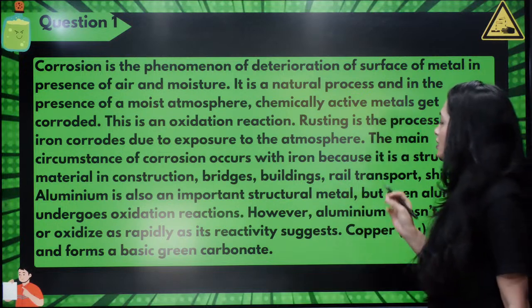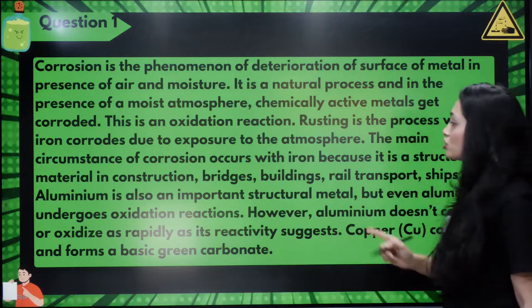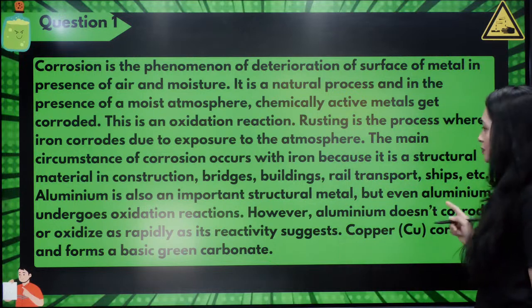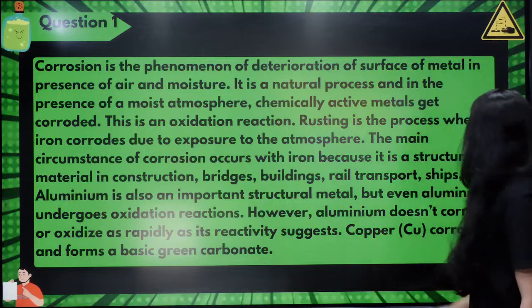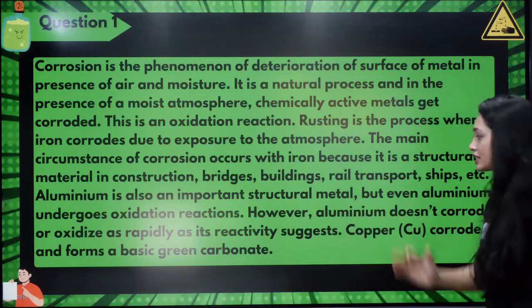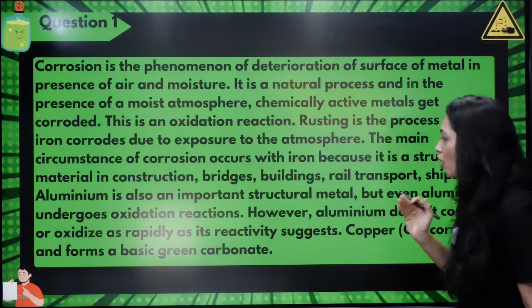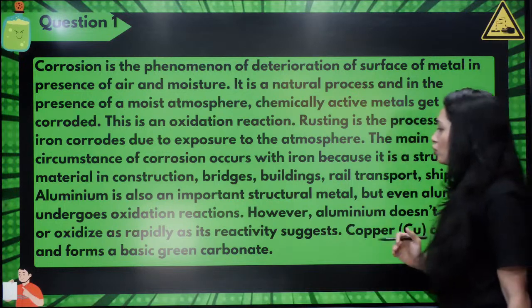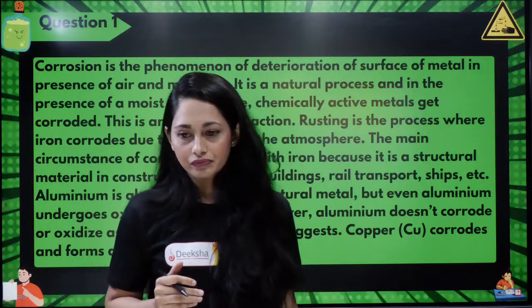The main occurrence of corrosion is with iron because it is a structural material in construction, bridges, buildings, rail transport, ships, etc. Aluminium is also an important structural metal, but even aluminium undergoes oxidation reactions. However, aluminium doesn't corrode or oxidize as rapidly as its reactivity suggests. Copper corrodes and forms a basic green carbonate.